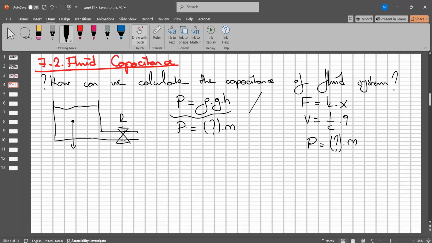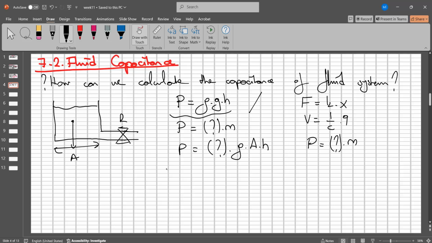Pressure is the same. It's the pressure. So in this case, M is equal to what? The P equals question mark, which is equal to rho times V, volume. But the volume is equal to A times H, right?